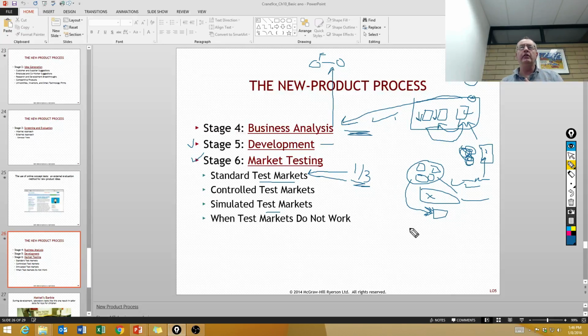So if we want to test our product in a store with placement on the top shelf versus the bottom shelf versus the middle shelf versus the end of the aisle versus the middle of the aisle, you might have a kind of a fake store that has customers come in going shopping, and the company can evaluate how well the product sells in these different locations. So that's kind of like simulated test markets instead of in a real store.